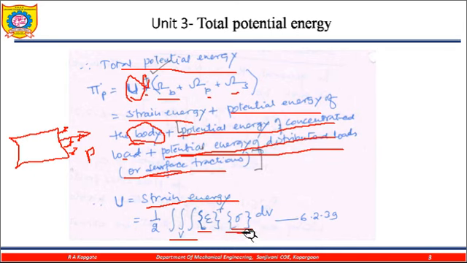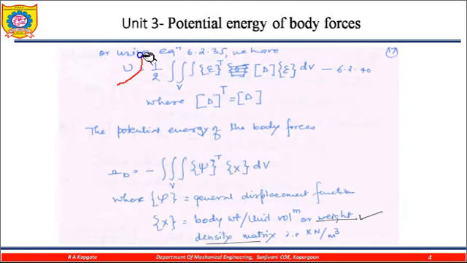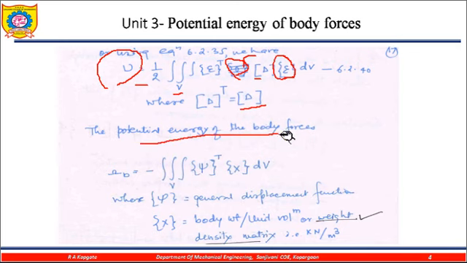These matrices we have already found. So U is equal to 1/2 triple integration over the volume of ε transpose into σ, but this σ is converted into the constitutive matrix D multiplied by the strain matrix. Again, D transpose is equal to D. So this is the formula for my strain energy.